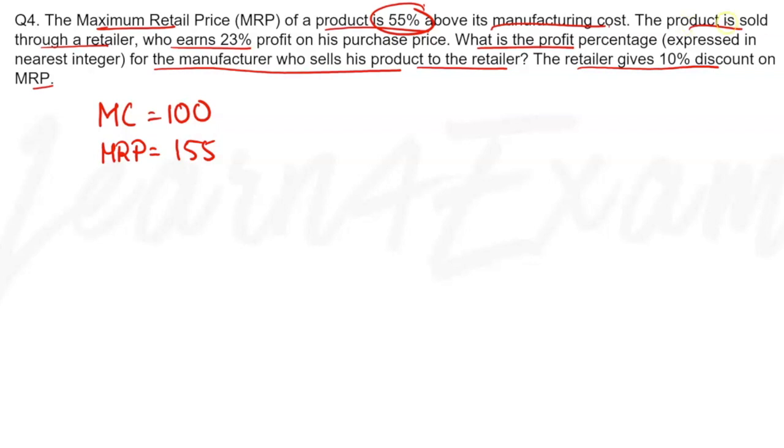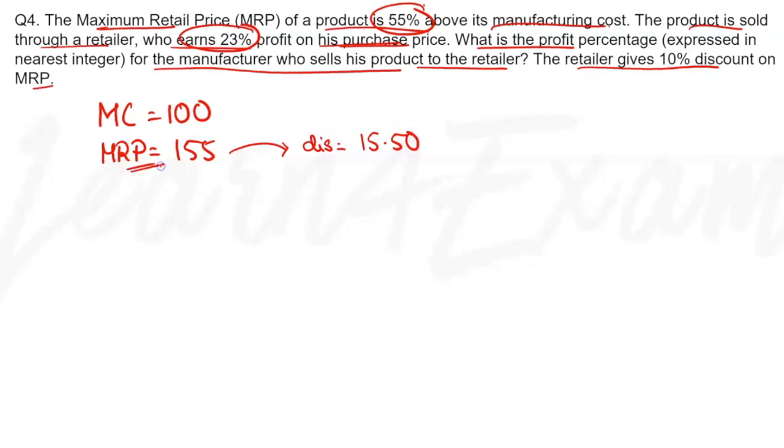Now the product is sold through a retailer who earns 23% profit on his purchase price. What is the profit percentage for the manufacturer who sells his product to the retailer? The retailer also gives 10% discount on the MRP. So if this is the MRP, after giving a 10% discount, the discount would be of 15.50 rupees, right?